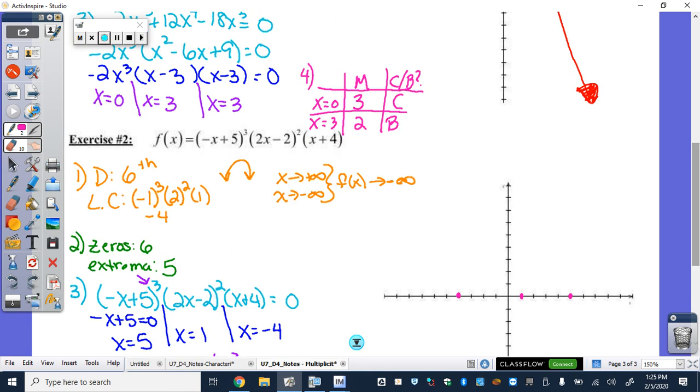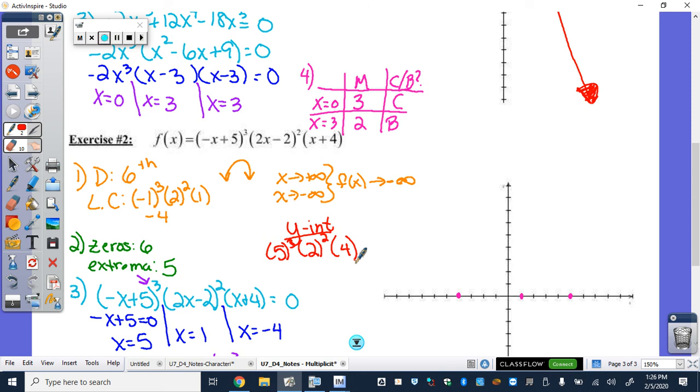Remember, this is in factored form. So our y-intercept, we figure it out kind of like we did our leading coefficient. So that's going to be 5 cubed times 2 squared times 4. You multiply the constant terms from within your factors. So what does that give us?